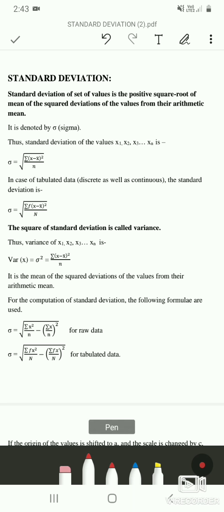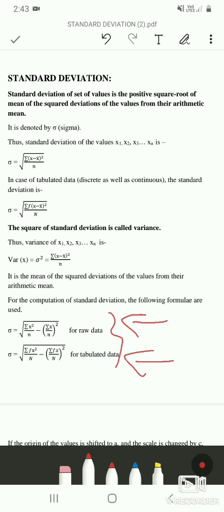Also there is another set of formulas which can be used for computation of problems. Those formulas are sigma is equal to square root of summation x square divided by n minus summation x upon n whole square for raw data, and in case of tabulated data, sigma is equal to square root of summation f x square divided by capital N minus summation f x divided by N whole square.